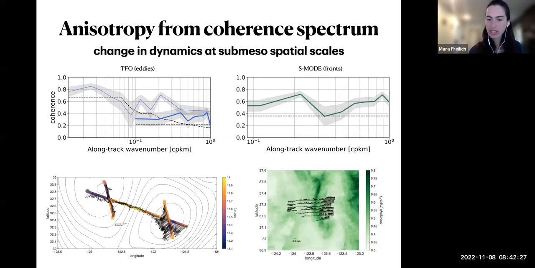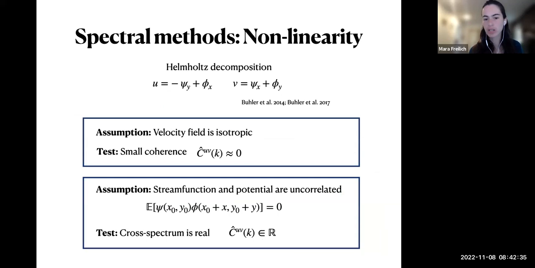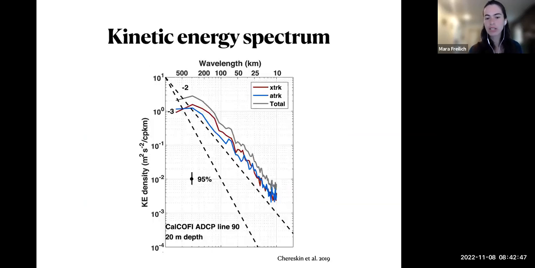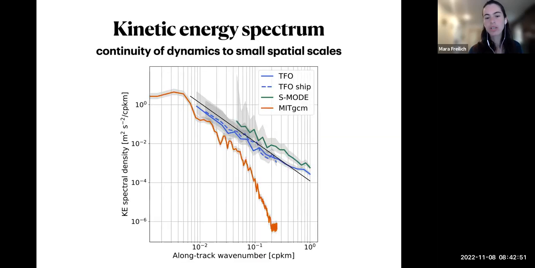Terry Truscott compiled the ADCP data from all the Kalkafi observations and showed this approximately k to the -2 or k to the -5/3 spectrum, mesoscale, from 100 kilometers to around 10 kilometer scale. Even when sampling across just one feature or just two features, we found similar results. So this is Terry's result with k to the -2. We also found approximately k to the -2, even just looking at these features.